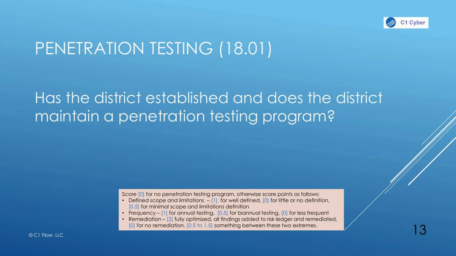Add 0 points if there is no post-test remediation to resolve issues that were uncovered during the penetration testing, or 2 points if remediation is fully optimized and all findings are remediated and added to the risk ledger, or 1/2 point to 1.5 points if remediation falls between these two extremes. Pause the video now in order to consider and record your answer before continuing.